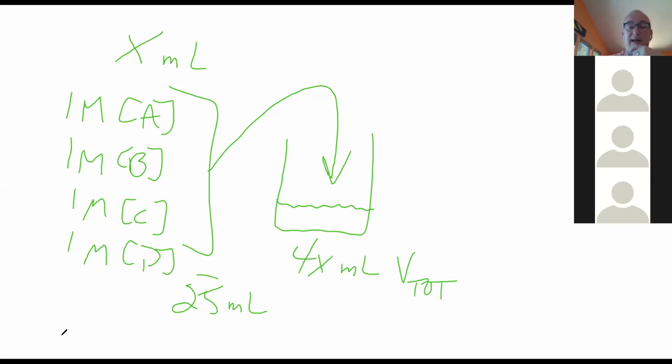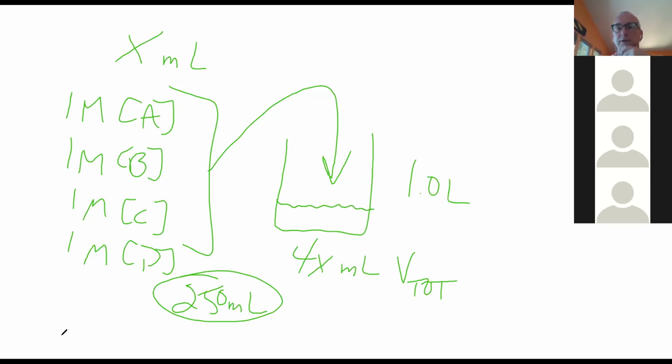Like I said, you could just pick any volume you want. Let's pick 250, so your final volume is 1 liter. That might make the math easier. Okay, 250 mils of each one. So my final volume now is 1 liter.